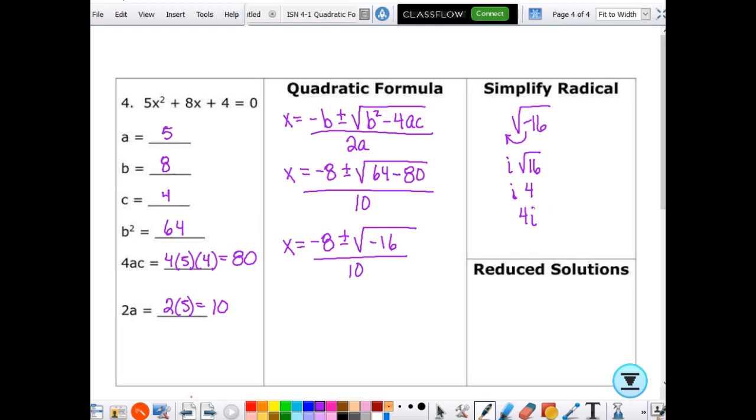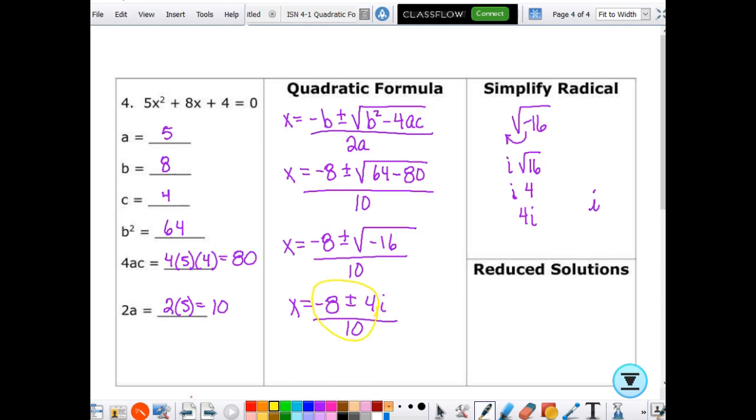Are y'all seeing how I'm making my i's a little bit of a tail on the end? Do your i's like that, just so they don't look like ones. It'll really, really help you if you'll do that. Okay, so x equals negative 8 plus or minus 4i over 10. Okay, so kind of just forget the i's there for a minute. Just focus on the numbers.